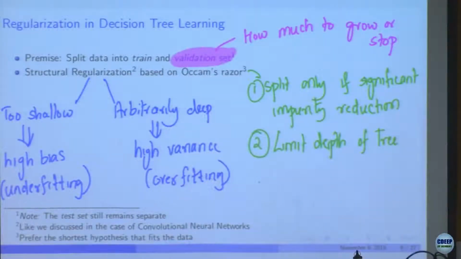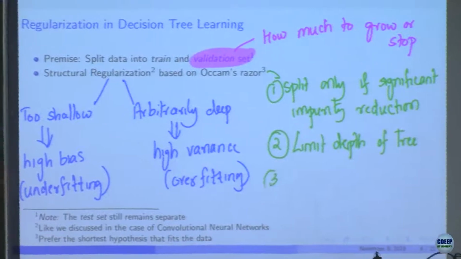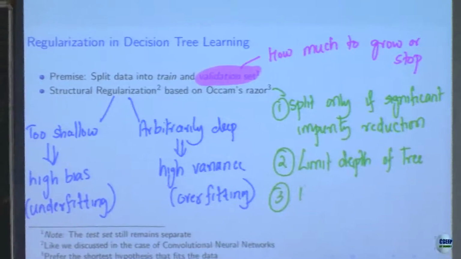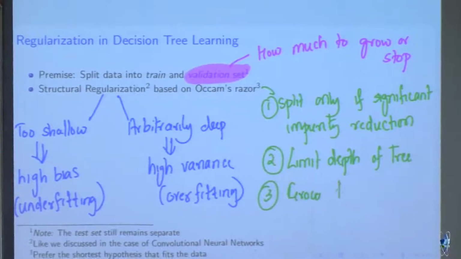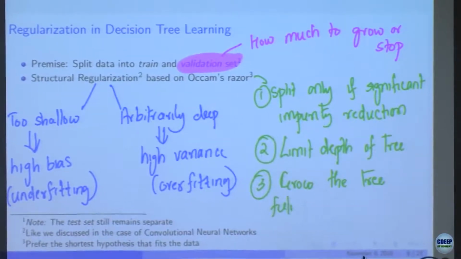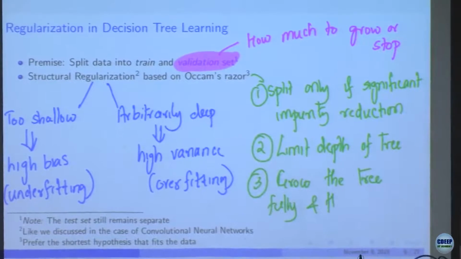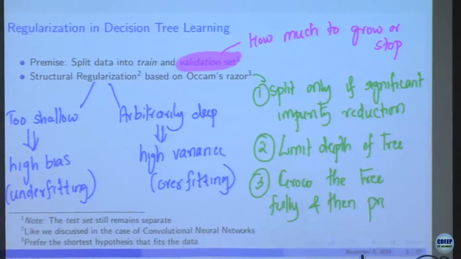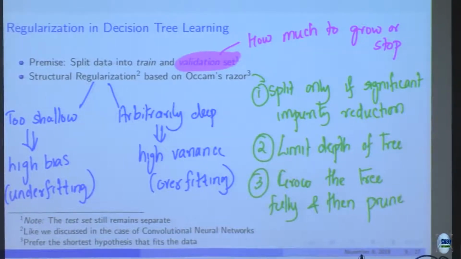The applet would have shown you this interesting case. So grow the tree fully as much as you want and then prune. And you are growing the tree as much as you want because the algorithm is greedy, it is myopic and greedy.